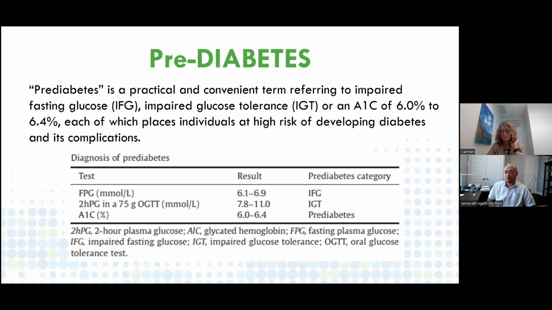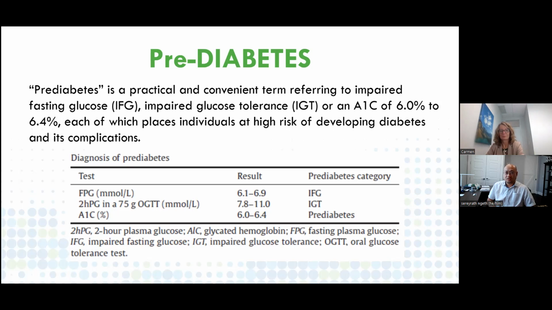So what do these terms mean exactly? Impaired fasting glucose is when an individual's blood glucose is between 6.1 to 6.9 after they have fasted for about 8 hours or more. Impaired glucose tolerance happens when an individual takes one of those standardized diabetes tests, a standardized drink, and their blood sugar is between 7.8 to 11.0 2 hours after taking the drink.